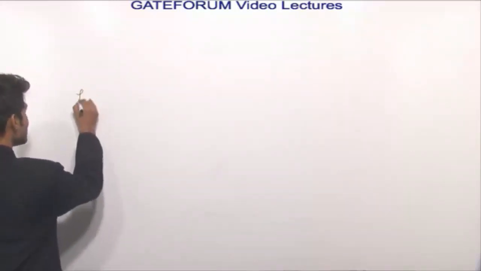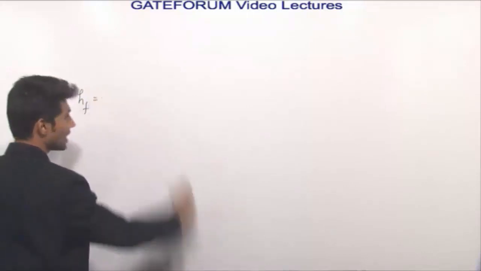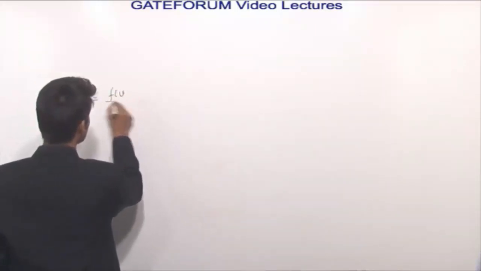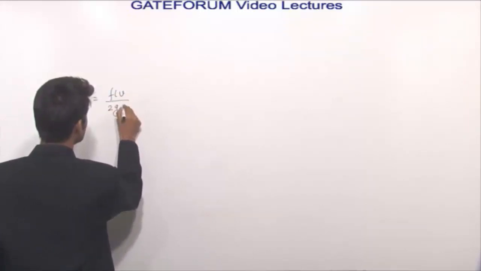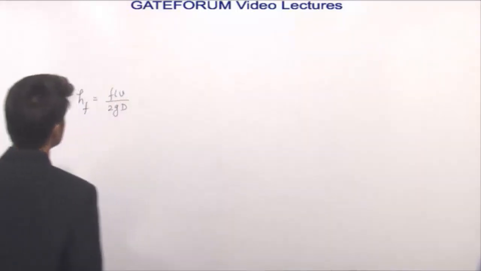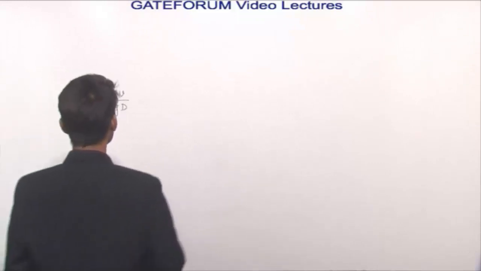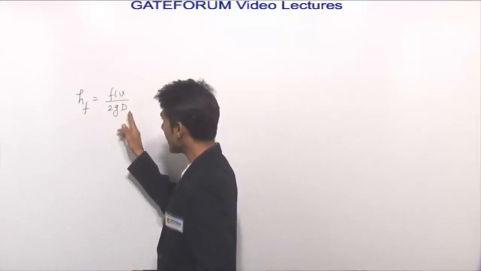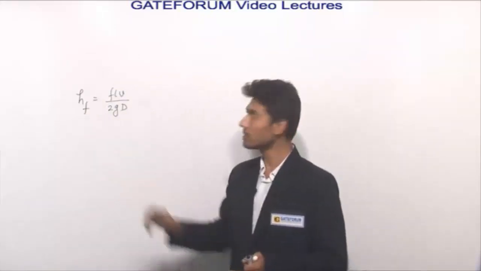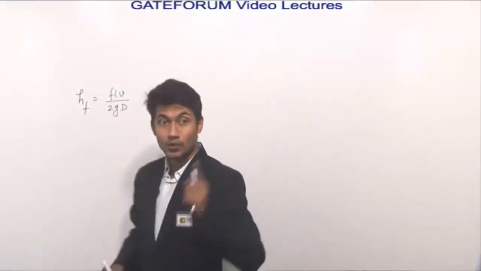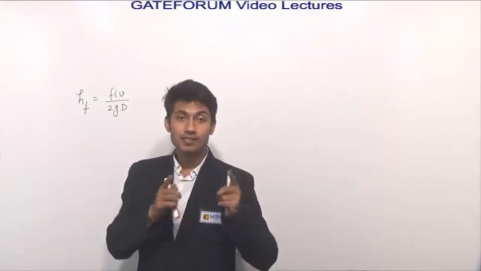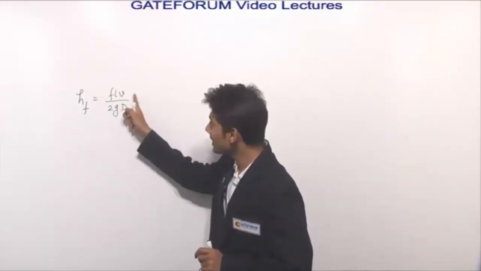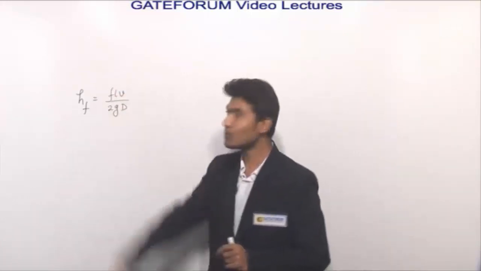Let us start this question with the formula of head loss. What is the head loss formula? f L V square upon 2 g D. In this formula, what I can see is velocity and diameter. From this formula, I can see that the answer should be 1 by D, but it is wrong. Why? The question is given in a steady laminar flow of a given discharge. Here we do not have any term of discharge.